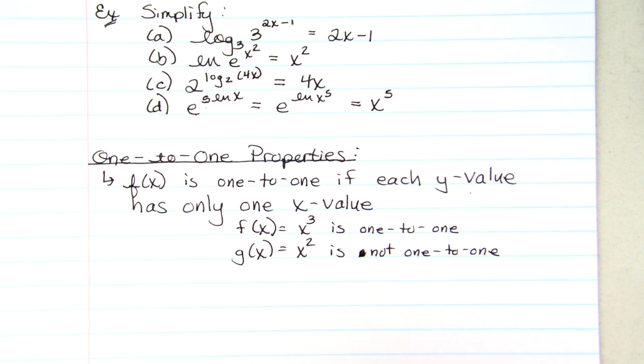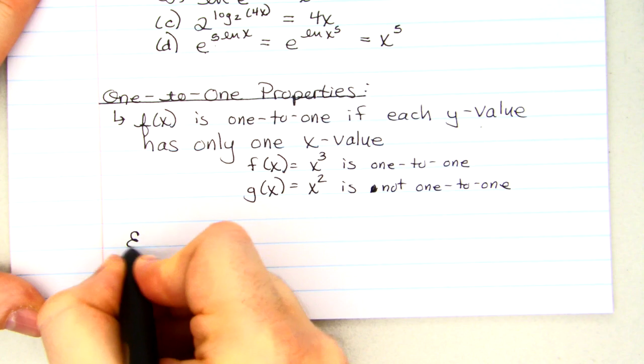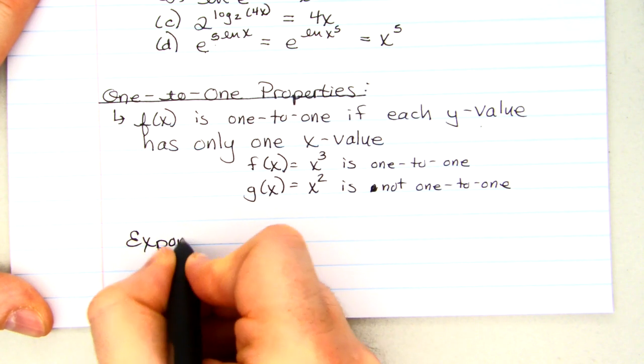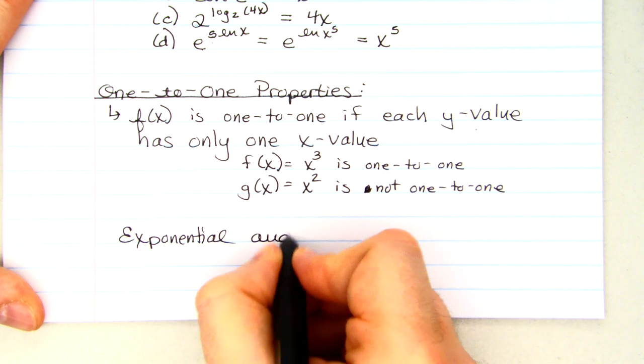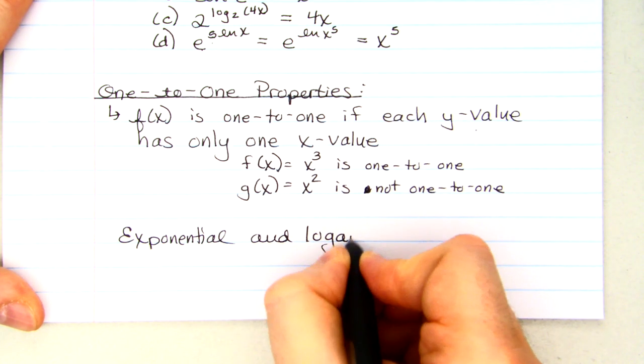The reason we're talking about this is because both exponential functions and logarithmic functions are one-to-one.